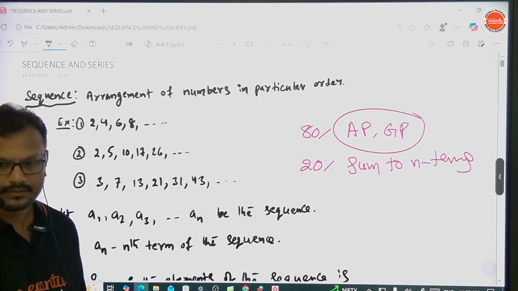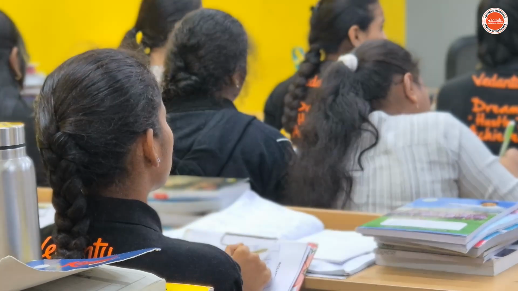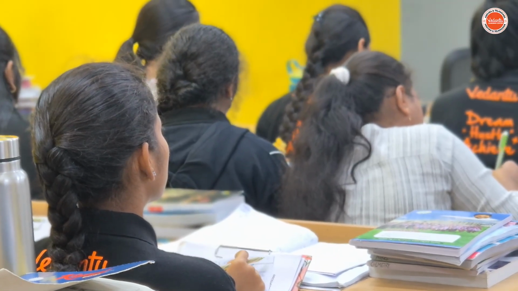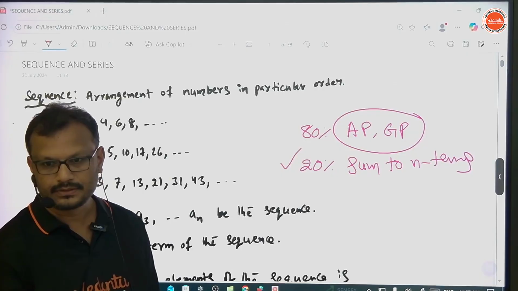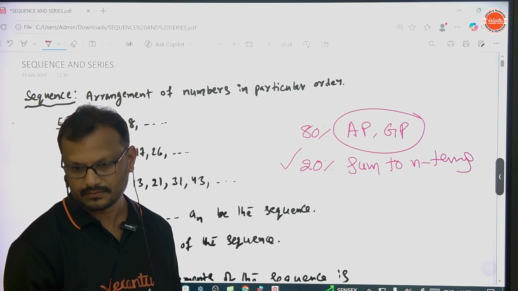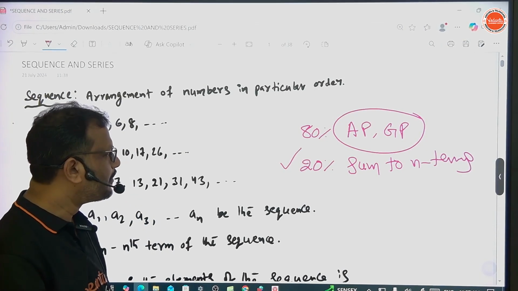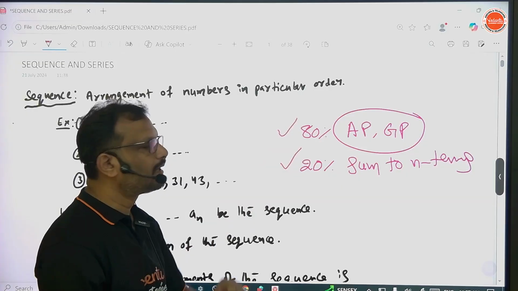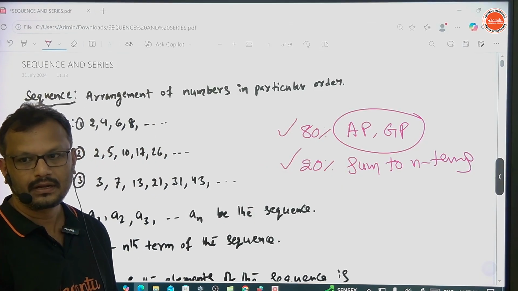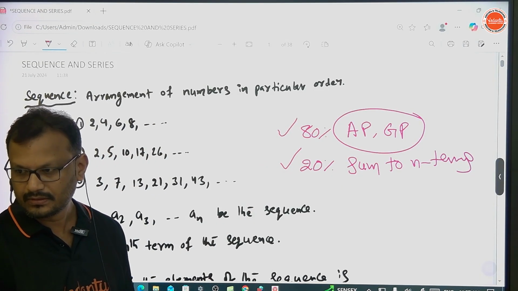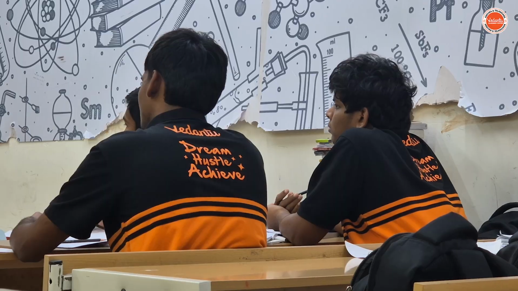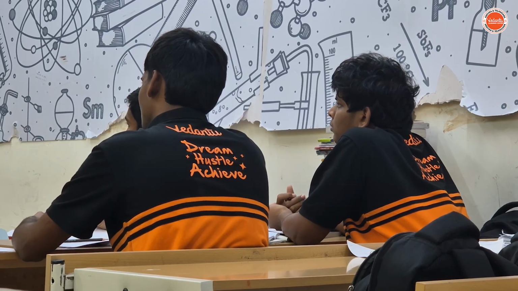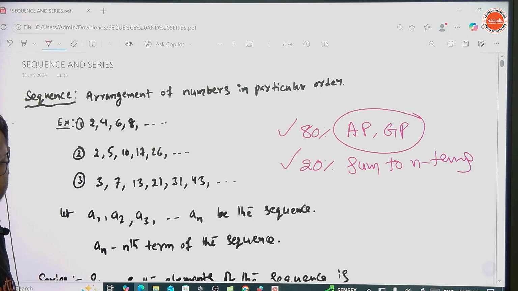Different models we have. Based on that, the remaining 20% of the problems will come. But advanced problems, they can ask from anywhere. That will be a different kind. But most of the problems are asked based on the AP and the GP basic relations only. Right? So before going to that, we will discuss what is sequence.